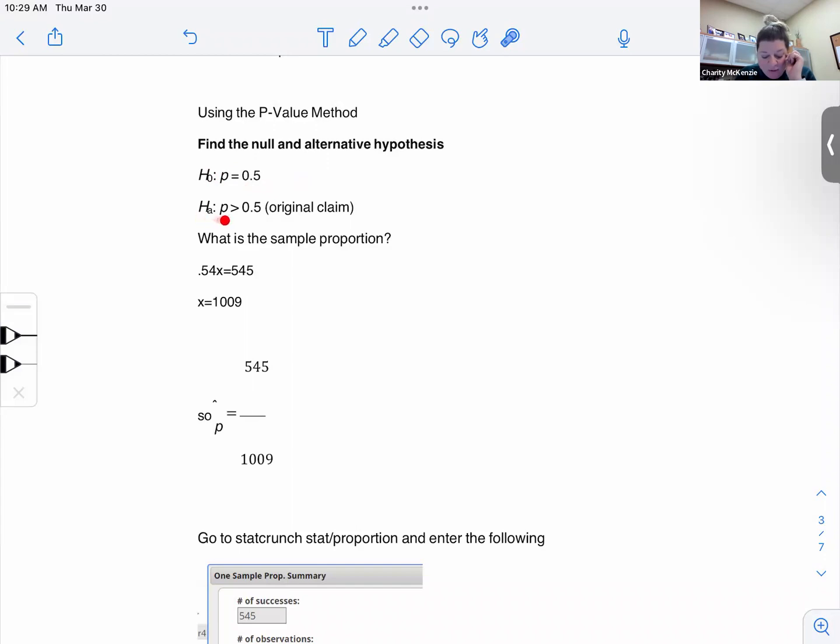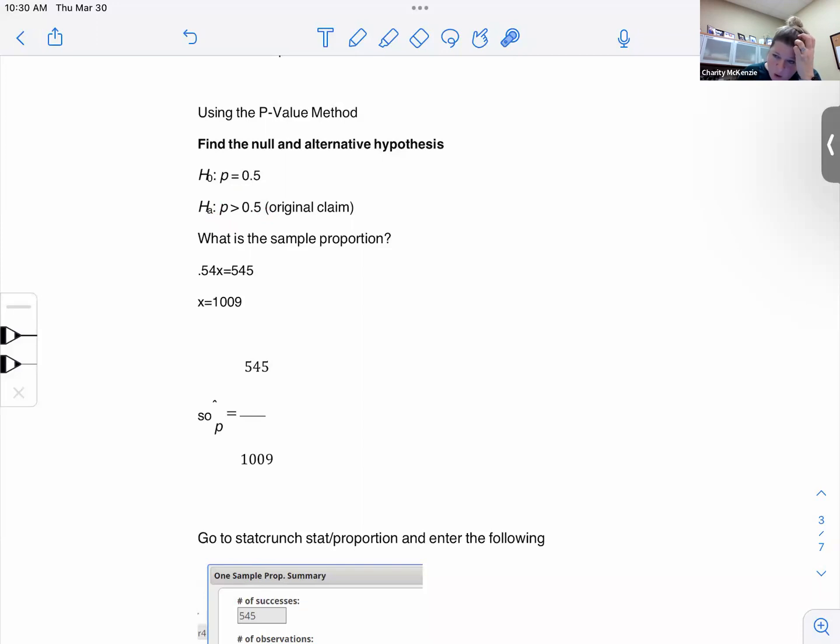Then over here, ignore the original claim for just a second. What are they trying to prove? A greater than, less than, or did they leave it blank and you go either direction and it's a two-tailed test, which is not equal? Well, this one said greater, so we are going to put in a greater than sign there.